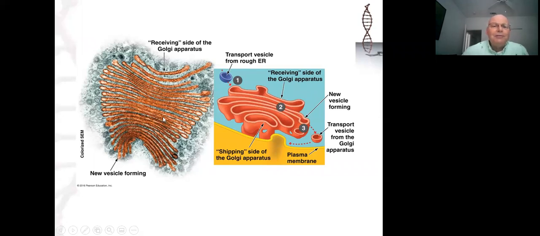So given that it's a warehouse, most warehouses have an input side and an export side. And the Golgi apparatus is exactly the same. And so one side of the Golgi faces inwards towards the nucleus, and this is the receiving side, also known as the cis side.